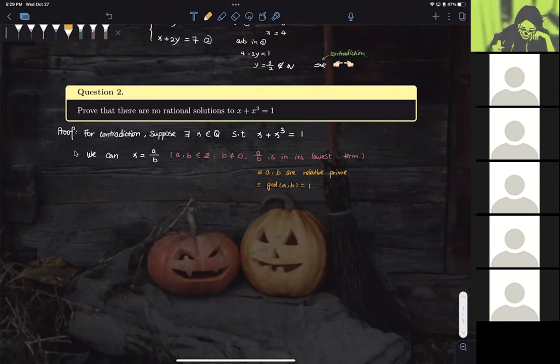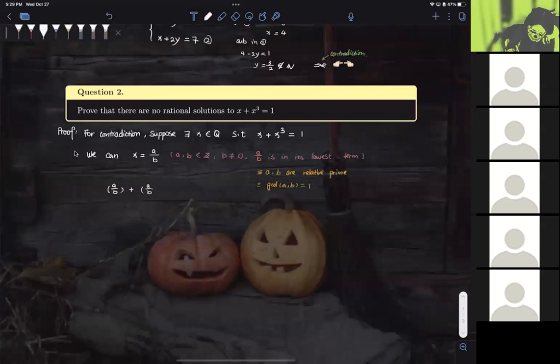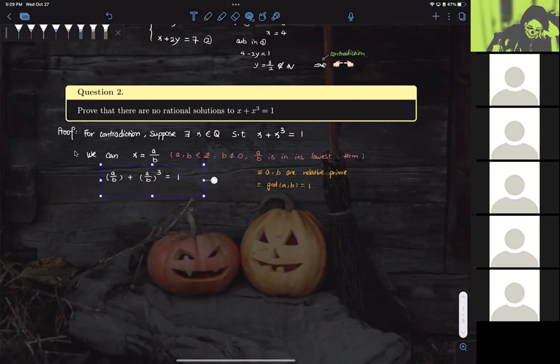Now you can substitute your a over b back into your equation. So that's a over b plus a over b cubed equals 1. Okay, so this is what we have. Now, this is what I always say. We do not like fractions, we like integers.